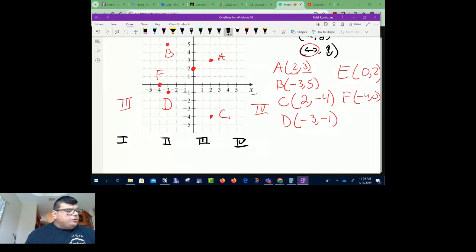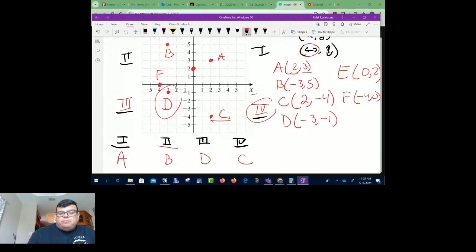So, y'all, this is quadrant 1. Point A is in quadrant 1. Y'all, point B, quadrant 2. Quadrant 3, we got point D. Quadrant 4, y'all, we got point C.